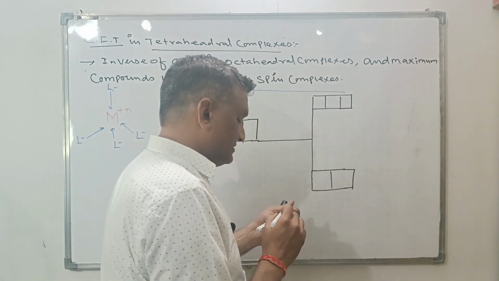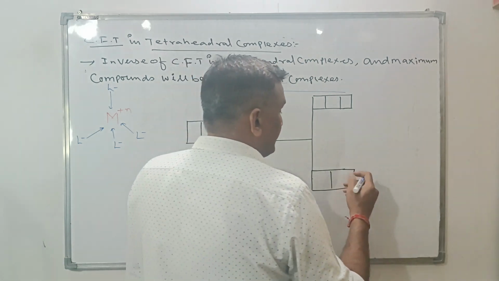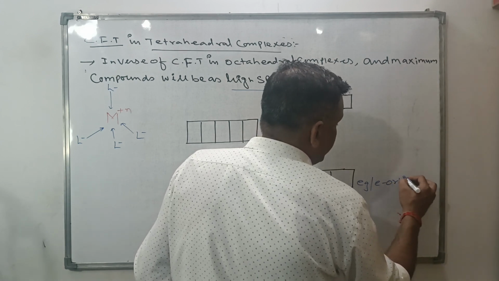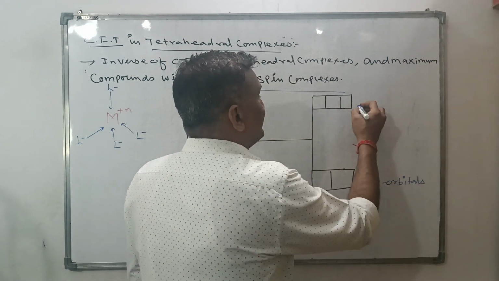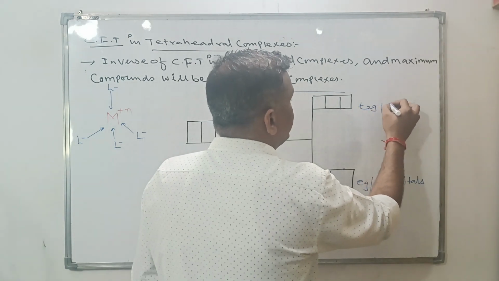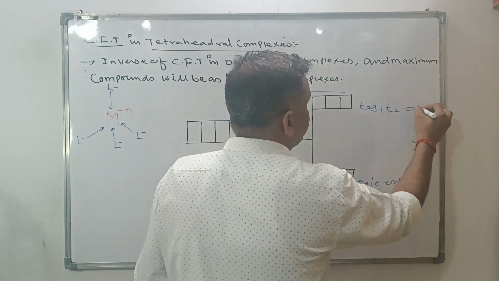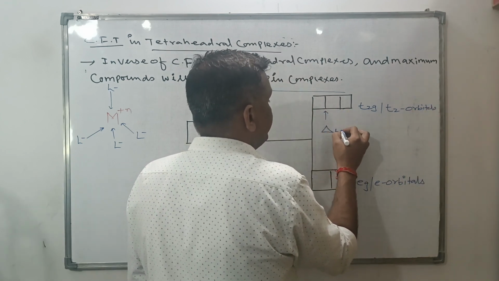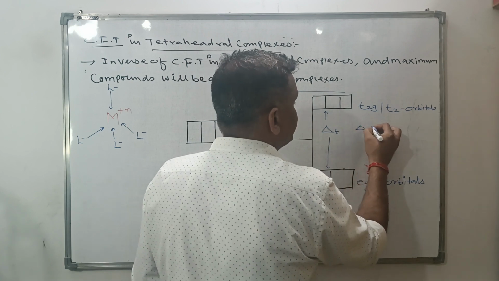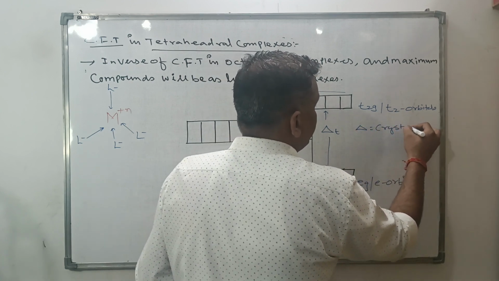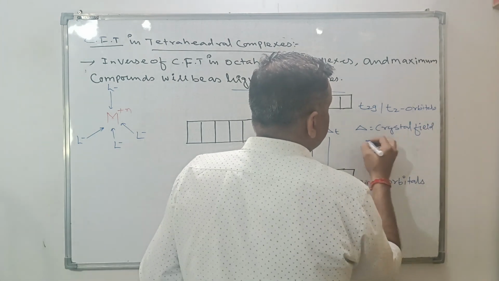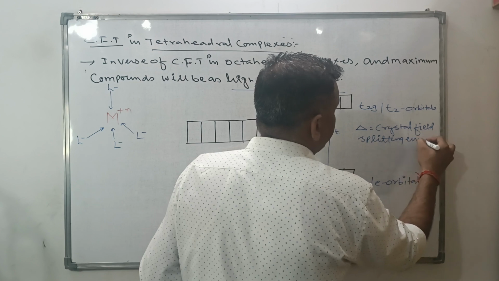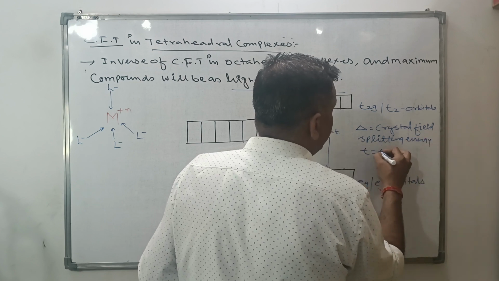These are known as the E set of orbitals, or E orbitals, while these are known as T2G, or you can call it T2 orbitals. The energy difference is del T, where del means crystal field splitting energy, and T means for tetrahedral complex.